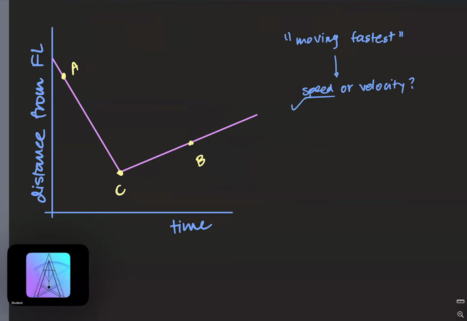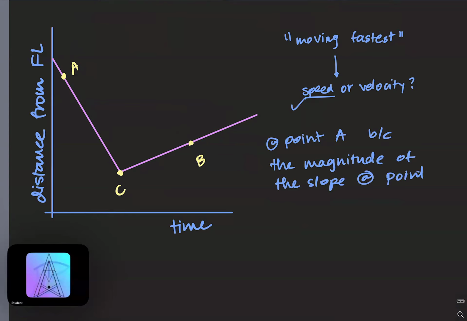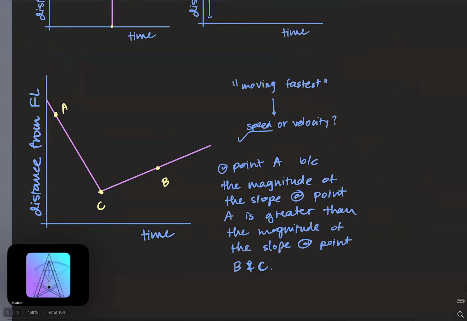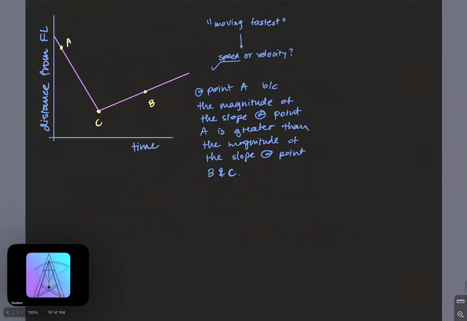So if you were to answer a question on an exam or a test, say: at point A, because the magnitude of the slope at point A is greater than the magnitude of the slope at point B and C.